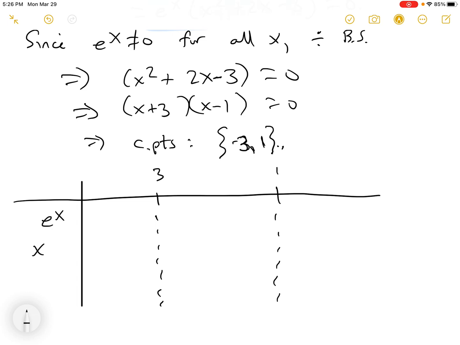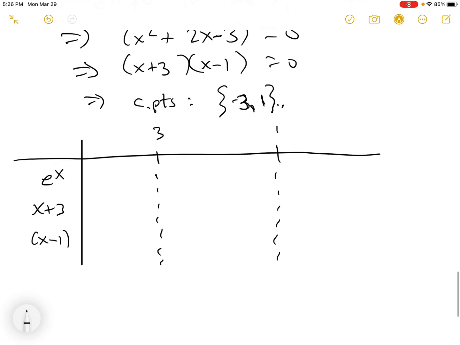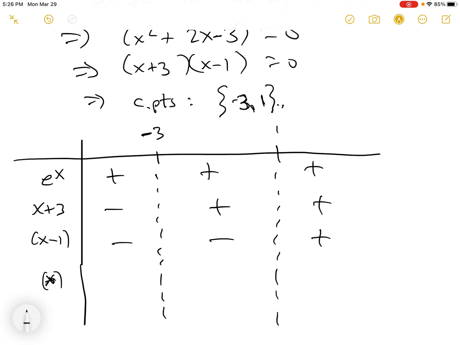And then I'm also going to put x plus 3, and then x minus 1. And then we're going to take the product of these three. Now e to the x is positive anywhere, so it doesn't do anything to the sign chart. But I like to put it in there. And this should be a negative. So x plus 3 is positive to the right and negative here. x minus 1 is positive to the right and negative here and here. So you have plus, minus, plus.